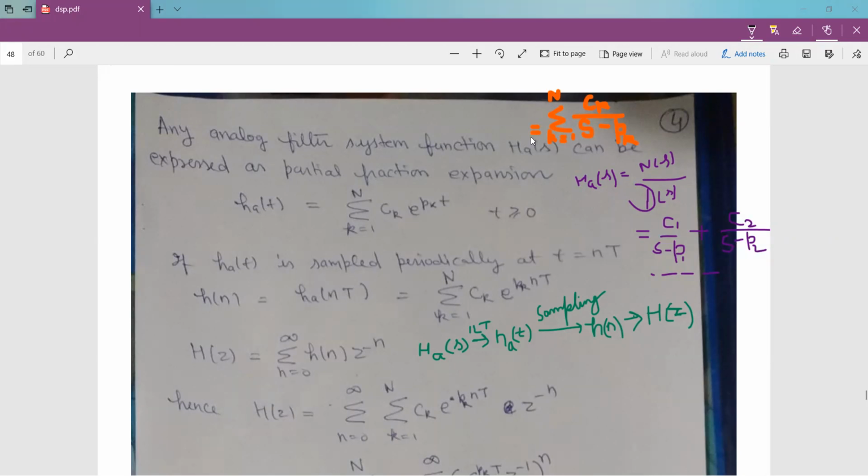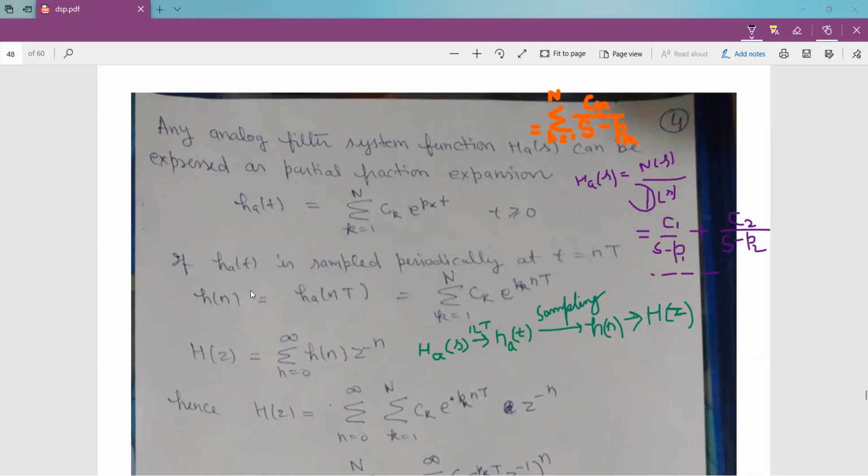So H(s) can in general be represented as a summation of all its terms. When we take the inverse Laplace transform of that, we obtain the impulse response in the continuous time domain, expressed as a sum of all its terms, where the coefficient Ck is the same coefficient that you have in the numerator of the individual terms, and pk are the pole locations.